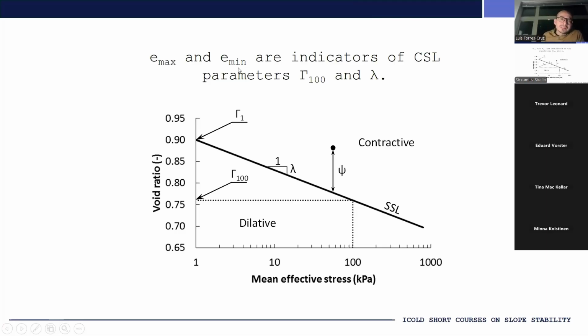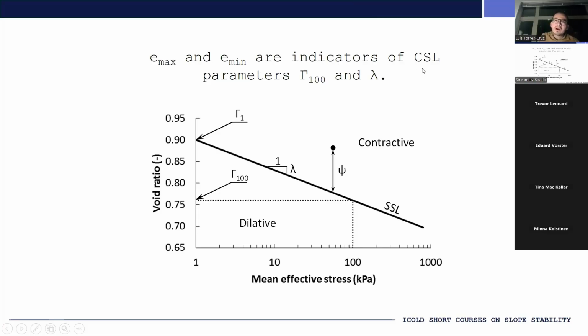When the soil is in its loosest state, it will have reached its maximum void ratio. And when the soil is at its densest state, then it will have reached its minimum void ratio. So that's what we are referring to by Emax and Emin. They are giving us an idea of the loosest and densest conditions at which a soil can exist.